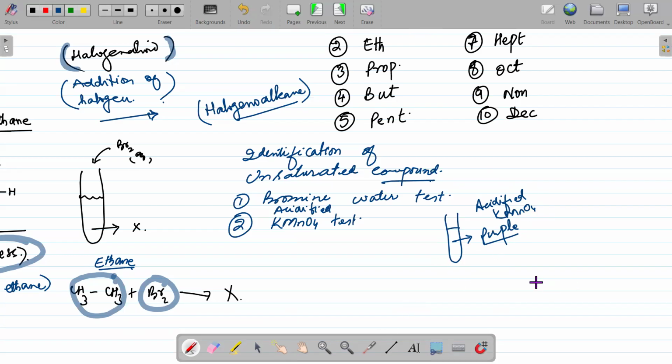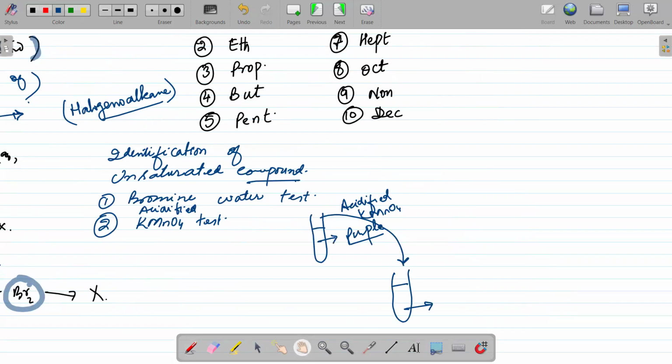So when we want to check whether the given compound is saturated or unsaturated, we add this acidified KMnO4. If the color of this acidified KMnO4 disappears just like bromine, that means our given compound is unsaturated. Is it clear?